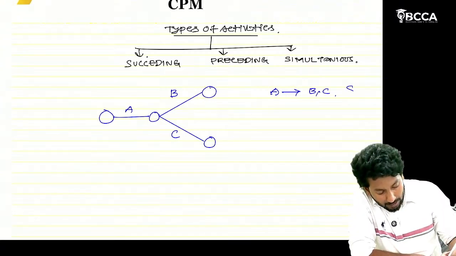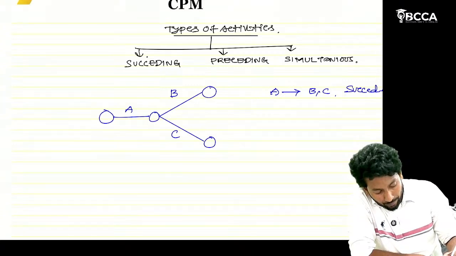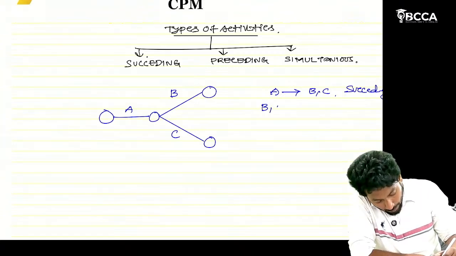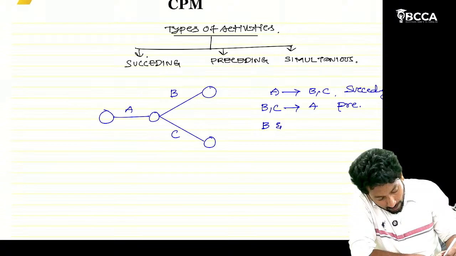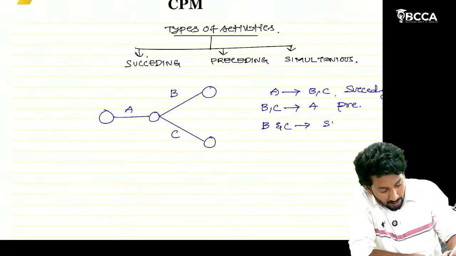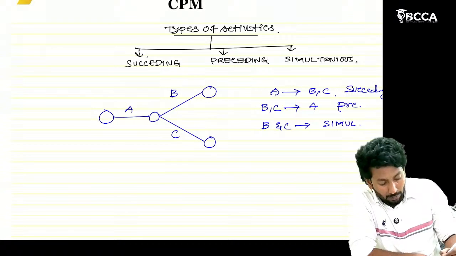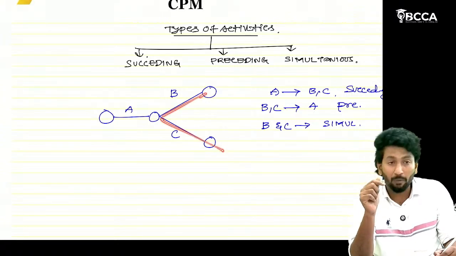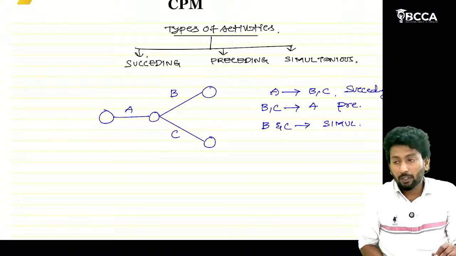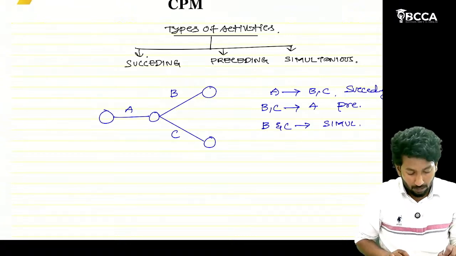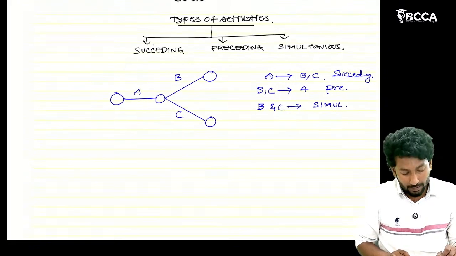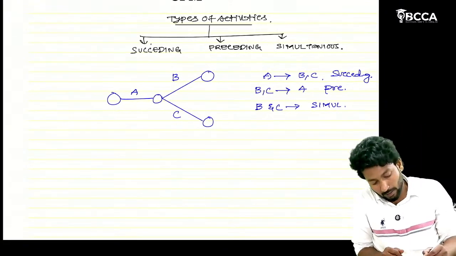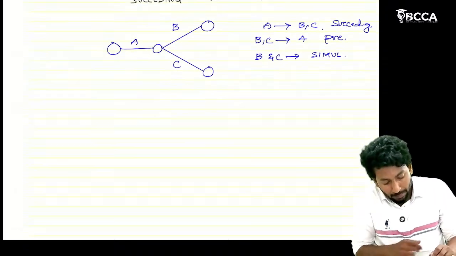From B and C's point of view, A is the preceding activity. For B and C, with respect to each other, they are called simultaneous activities, meaning these two activities can be performed at the same time.